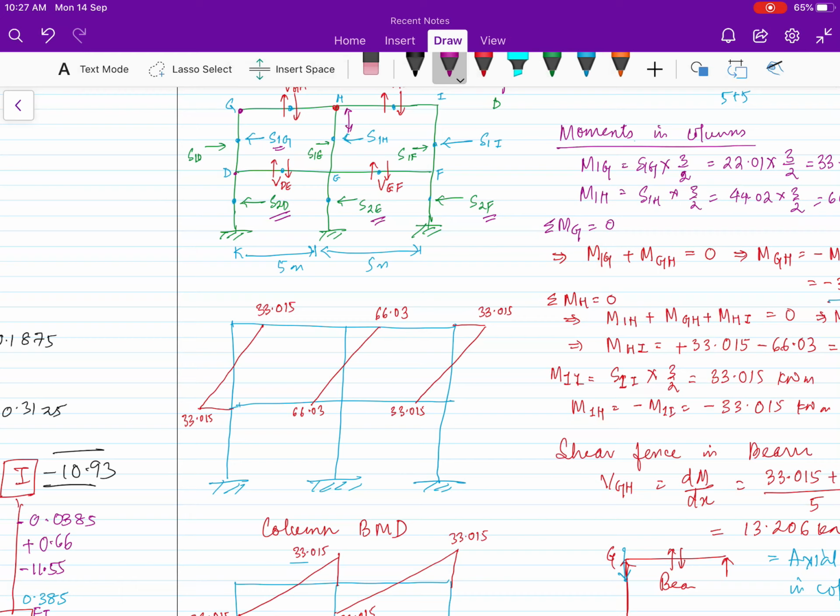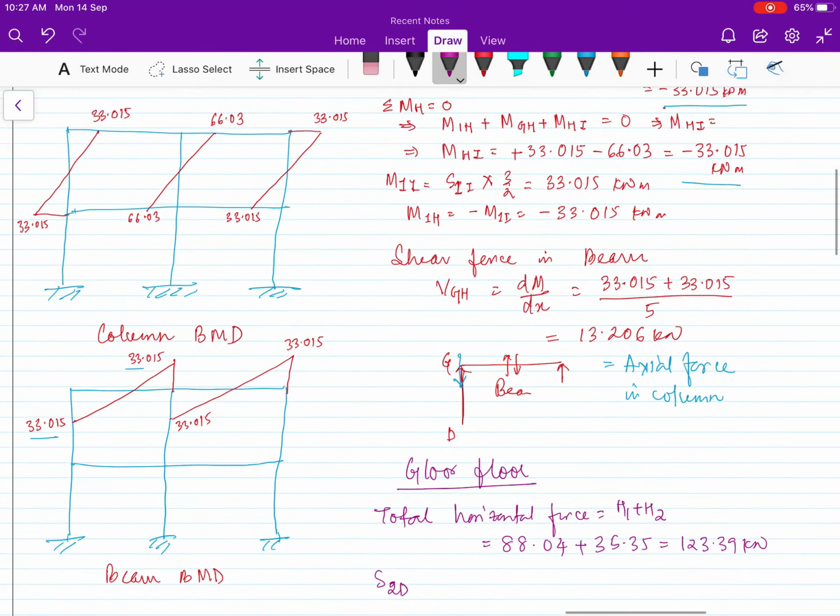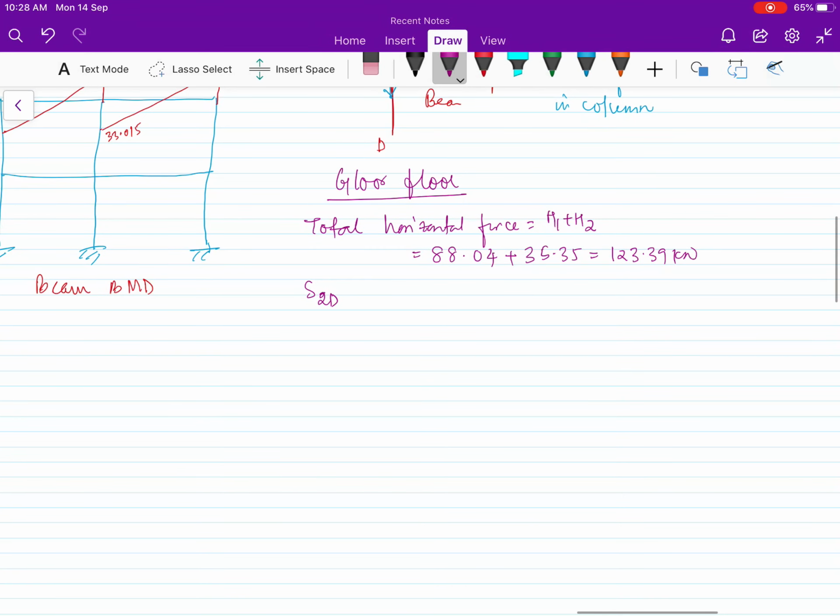Then I will calculate the moment. S2D into this distance will give the moment. From the moment, again the summation of moment at D is equal to 0, we'll get the moment in the beam DE. Then from the DE moment, we'll calculate the shear in the beam. That's it. Same procedure we are going to do for this ground floor.